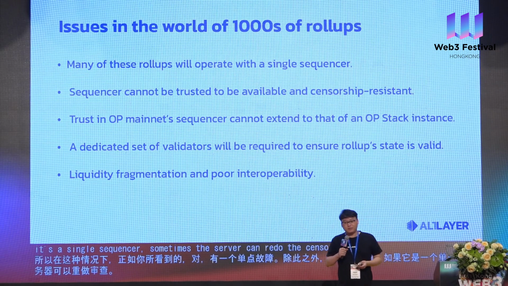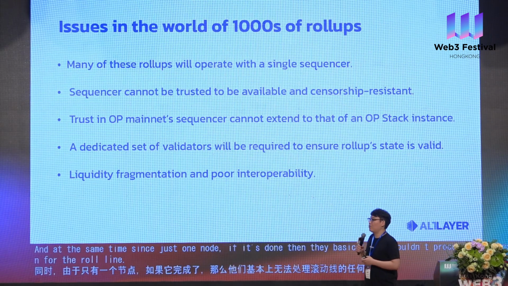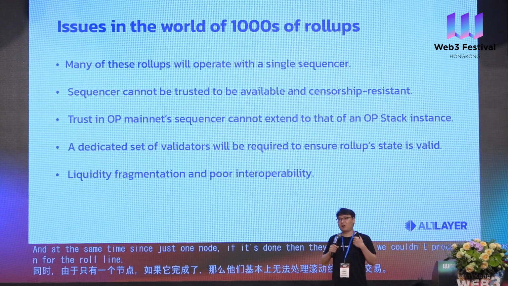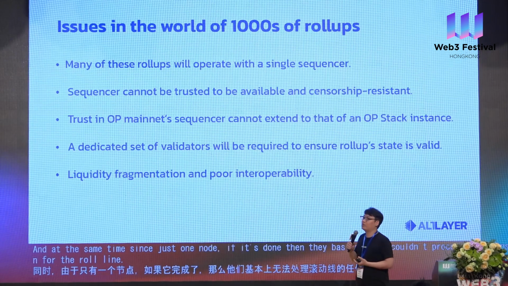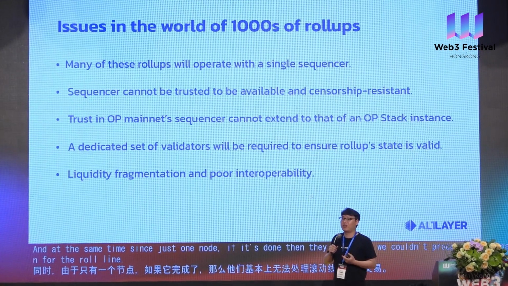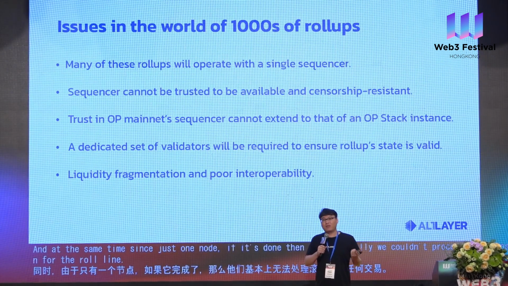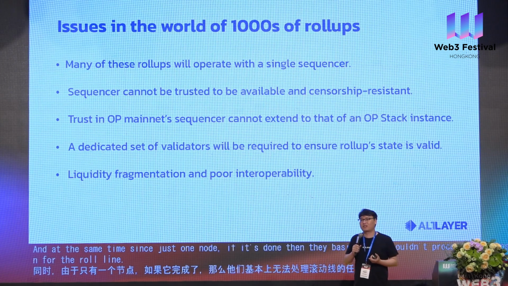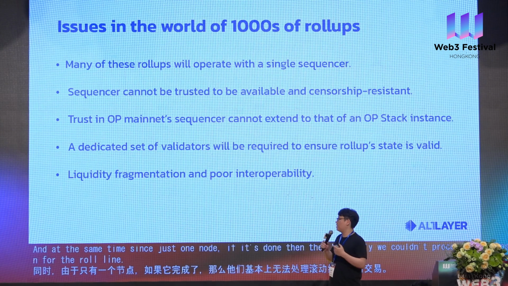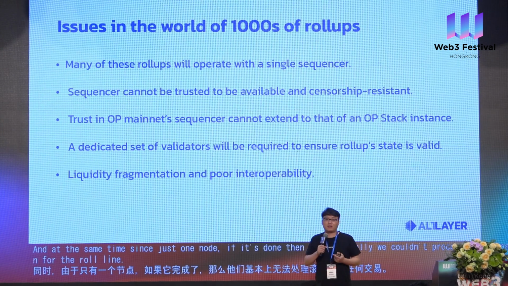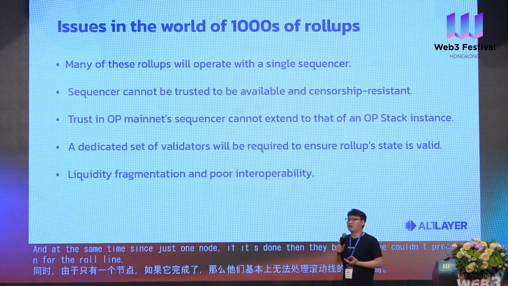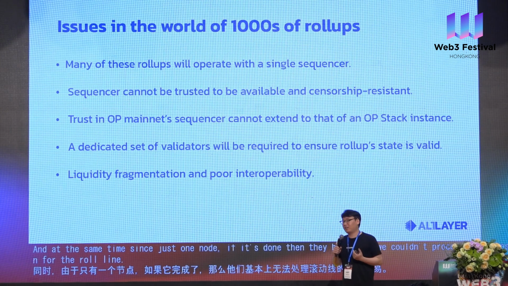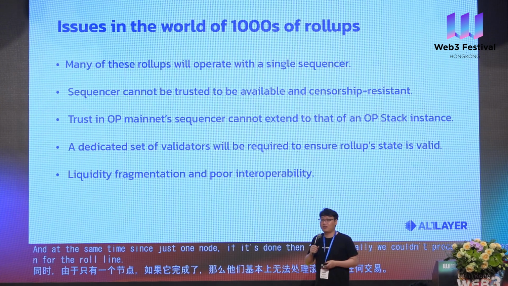Since it's just one node, if it's down then we couldn't process any transaction for the rollup. So we probably need a decentralized set of operators or validators to do extra verification for the sequencer, so that even if the sequencer is down or doesn't want to include some transactions, we still have a backup to process the transaction. And if the sequencer behaves maliciously, a decentralized set of validators can do this verification.